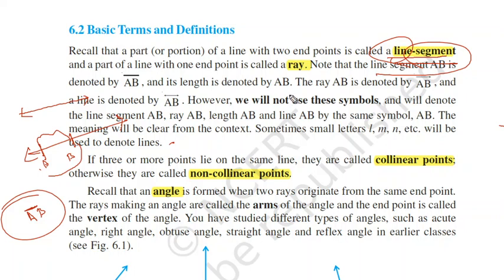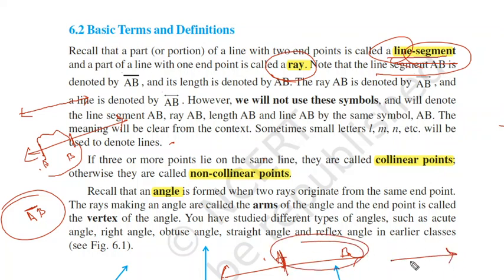Now we'll move to ray. What is a ray? A ray has one end point. It is also a part of a line. Again, we will take a line. It is also a part of a line, and it has one end point. Suppose A, B. The end point is A, and it is moving towards B. So it is called a ray.